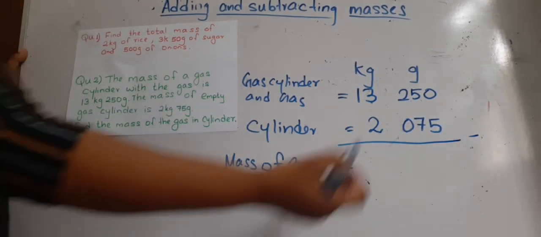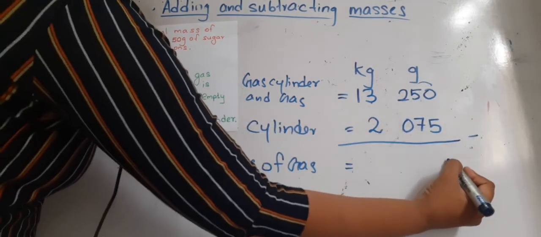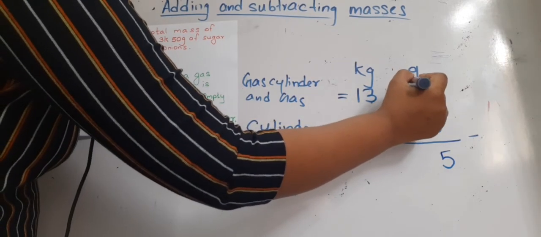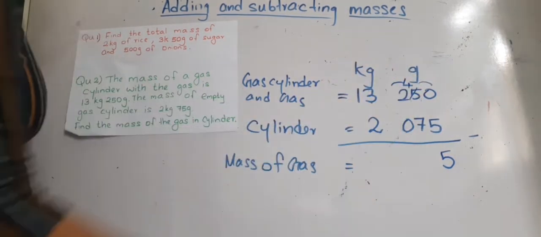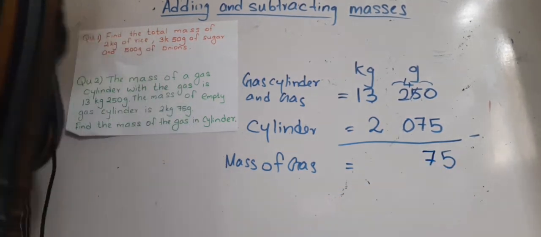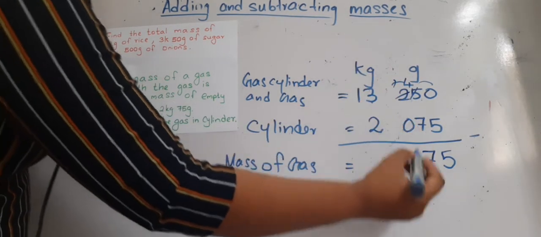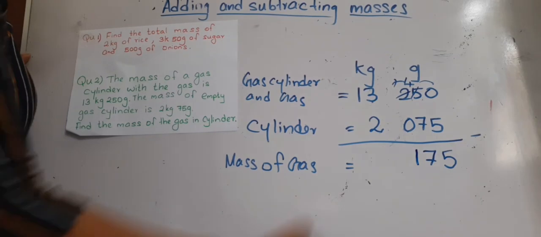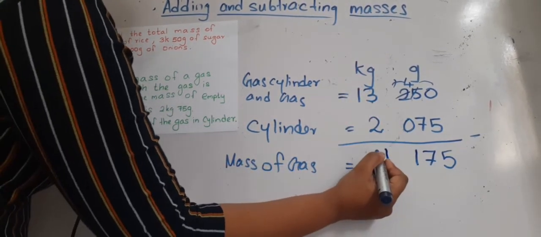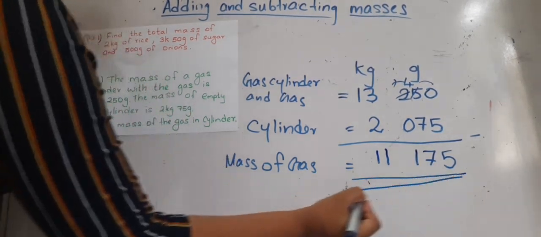So let's subtract. You can't subtract 5 from 0. Borrow 1, so 10 minus 5 will be 5. Now here it will be 4. Again borrowing 1 from here, it will be 14 minus 7 is 7. Now here will be 1. So 1 minus 0 is 1. 3 minus 2 is 1. Then 1 in here. So this is a regular subtraction.